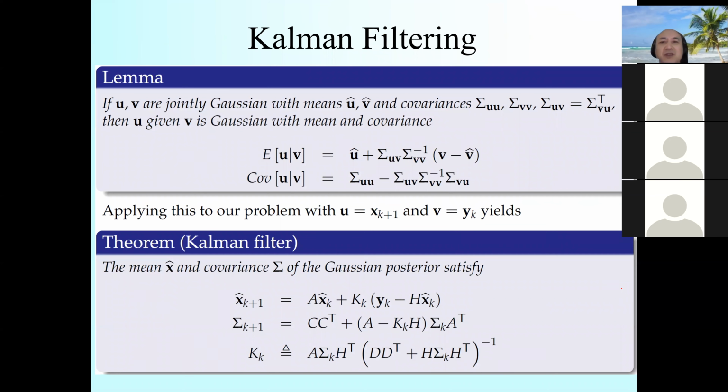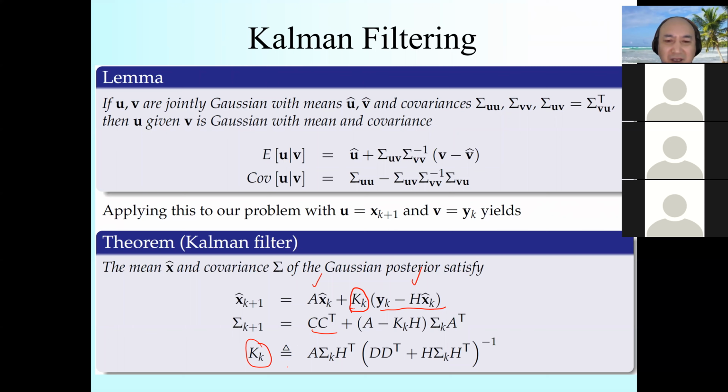Kalman filtering is just to determine what your K is. This is the observation error. H and A are known, C is known. So how to decide this K?